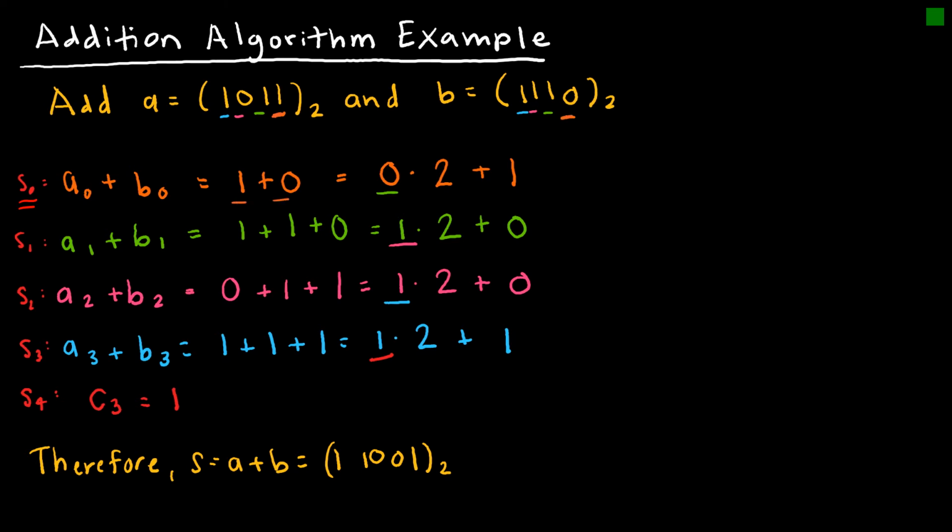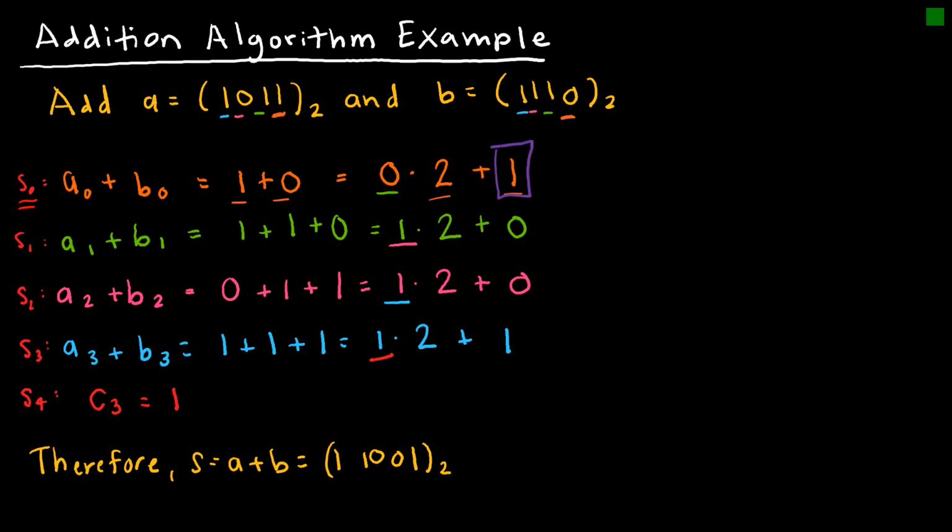I'm adding those together, and of course that sum is 1. And so what I want to do is then write that in the correct format, which says how many 2's do I have, which in this case would be 0, and then what would be the remainder? And the remainder here would be 1. Now remember that 1 is going to be part of my solution.